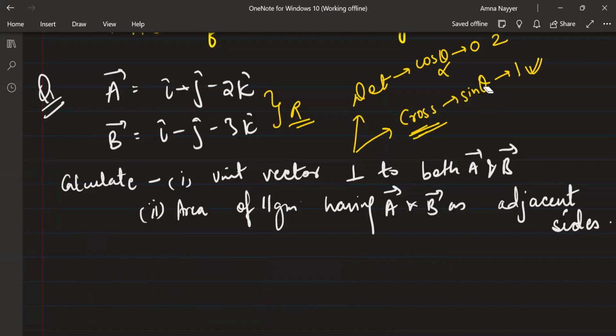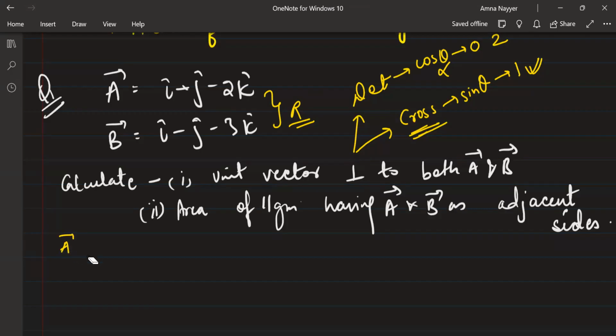Because sine 90 will be equal to 1. And if I choose dot product, directly cos 90 is 0, so I'll get the answer 0 here. I'll never be able to get the result. So in such a case, you should prefer cross product. Now is that clear? Yes, ma'am. Clear.